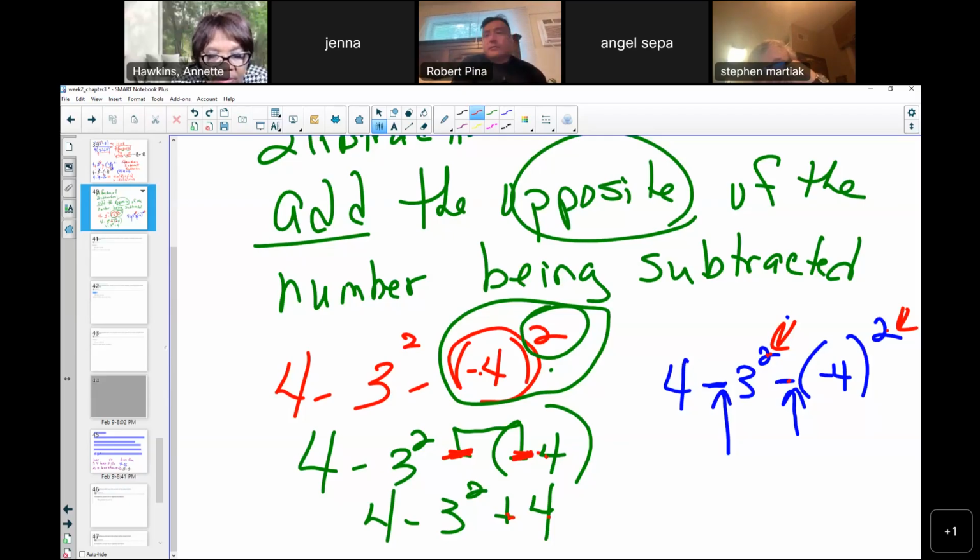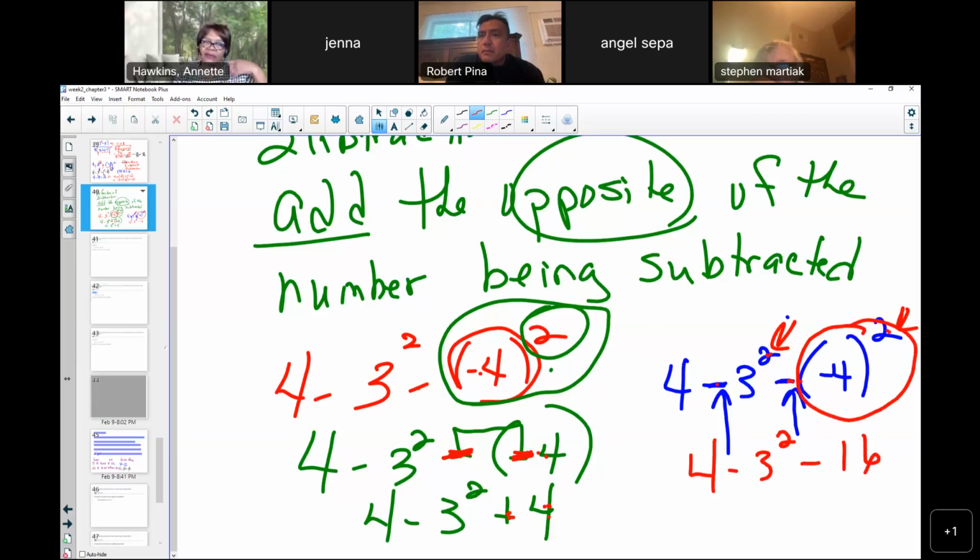So this is why this is plus 4. Now, over here, exponents take precedence over these subtraction symbols, so I can't do that. I have to do this exponent first. Questions about that?